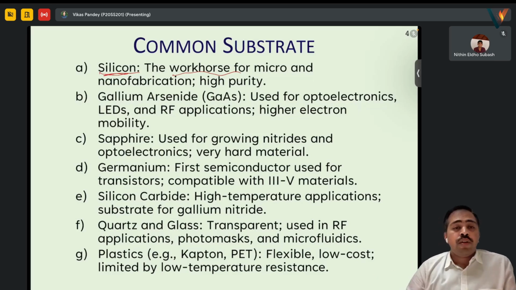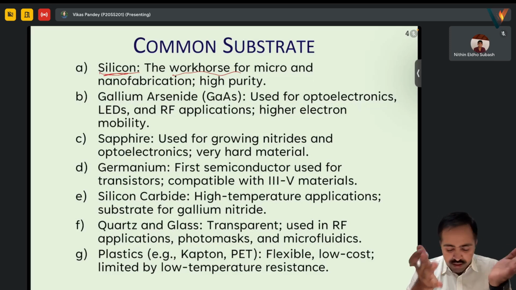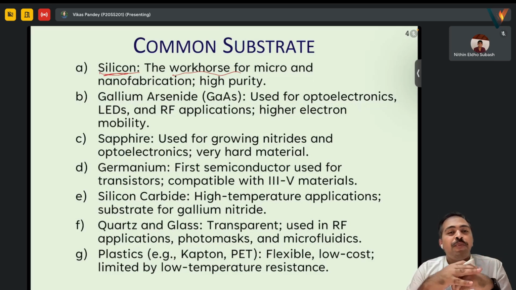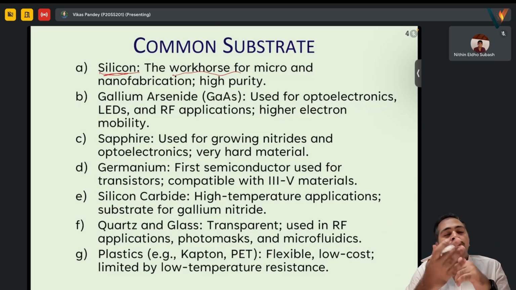Fine. So if you see the periodic table, I forgot to put the periodic table here. If we see the periodic table, it is mostly divided into three parts. Some elements are metallic in nature, mostly on the left hand side of the periodic table. On the right hand side, we have mostly non-metals.